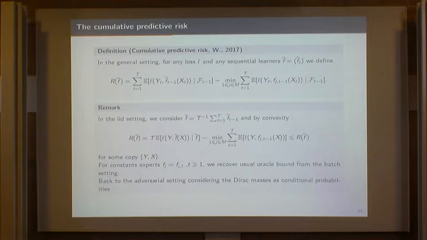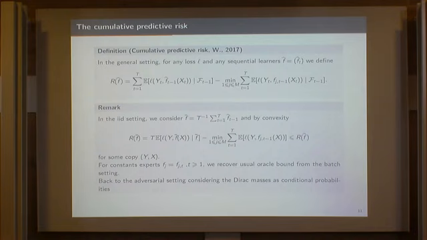And a remark is that in the adversarial case, of course, the nature will play the worst distribution, so it can play a deterministic distribution, and we are back to the usual adversarial setting, because we can always consider this conditional expectation as Dirac masses, and so the nature plays against you.